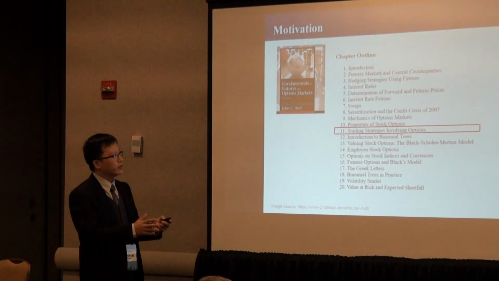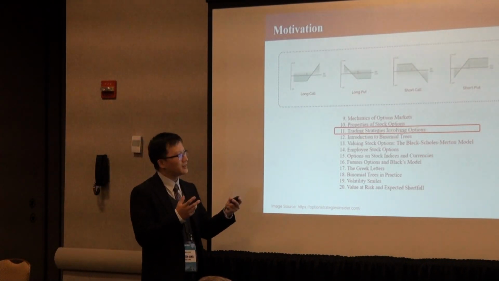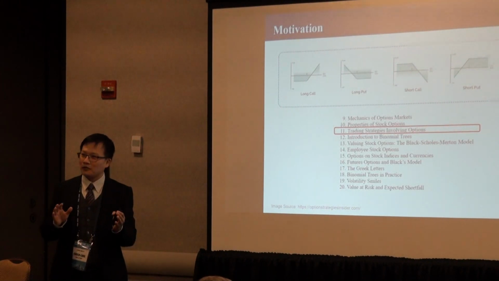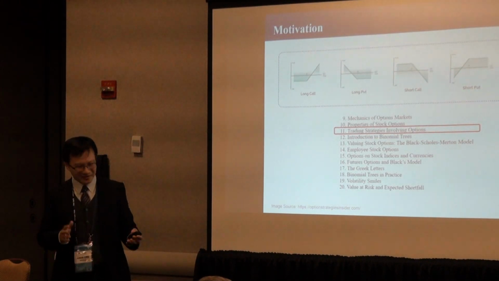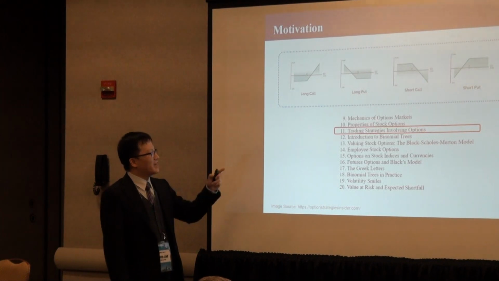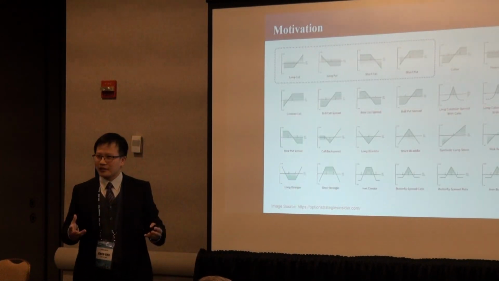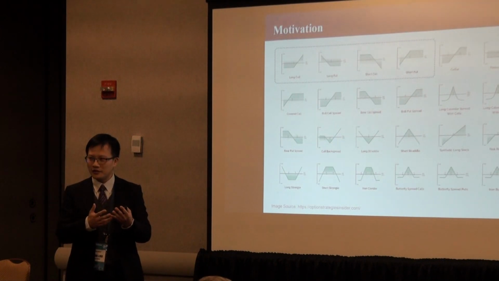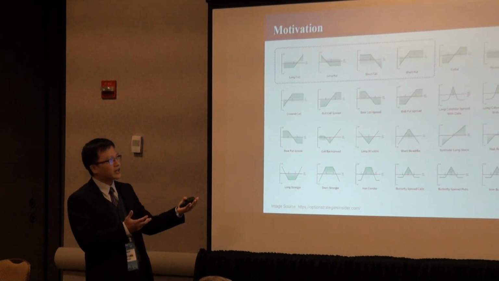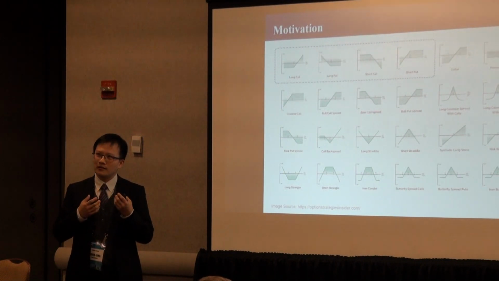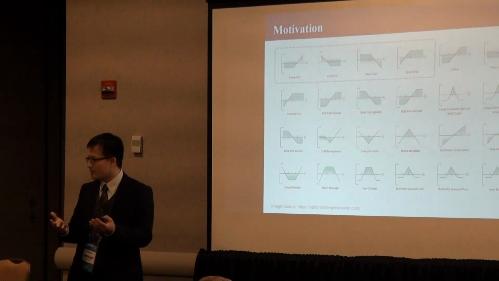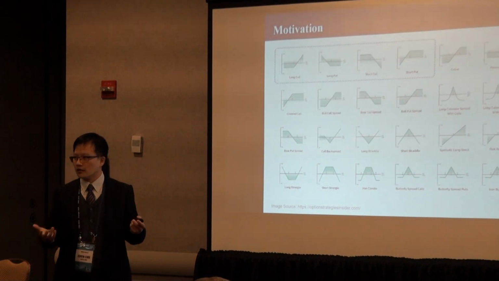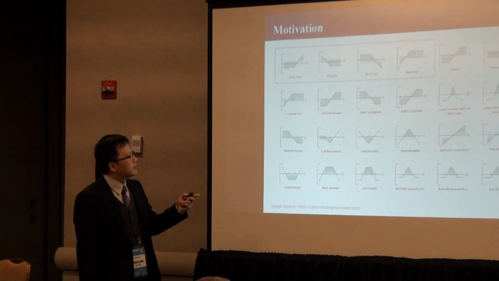But at that point in time, students are still learning the four basic strategies, and many of them are not really familiar with them. So in this chapter, we give them a lot of combinations of the four basic strategies. It makes students feel a certain increase in difficulty, and of course, the learning is not so effective.